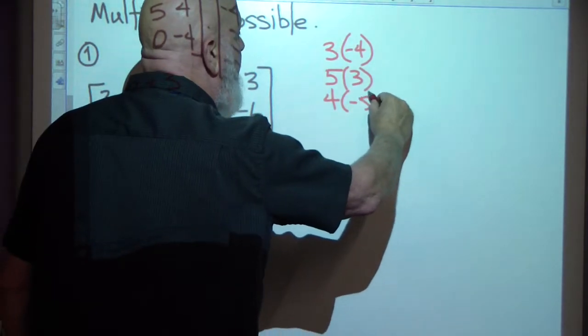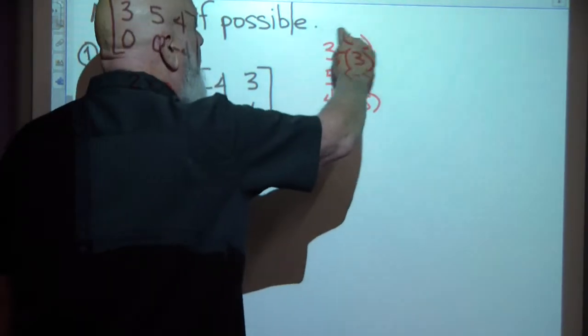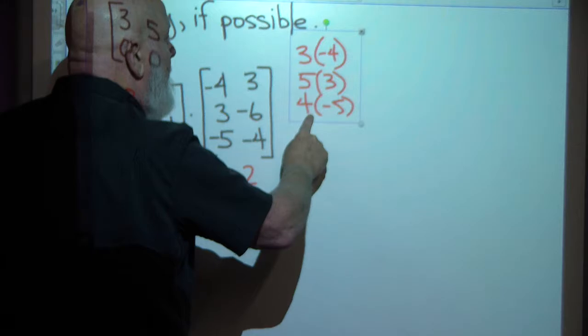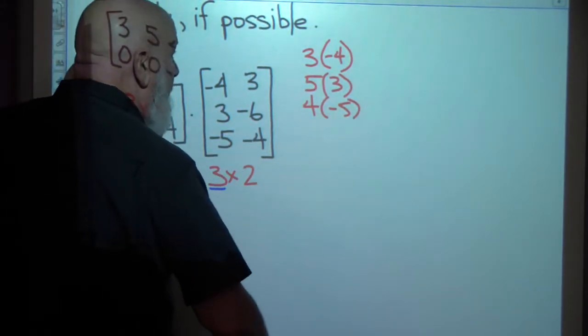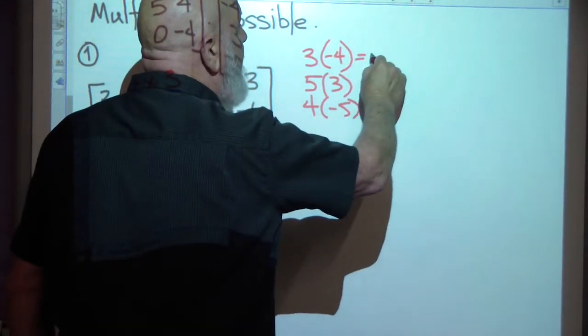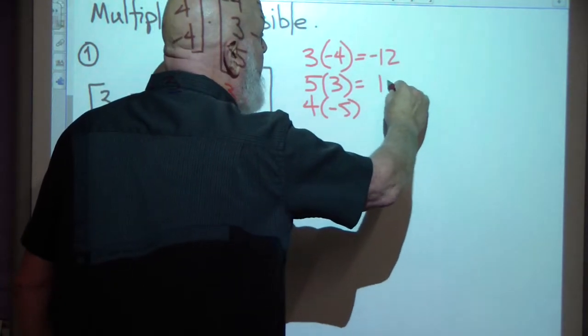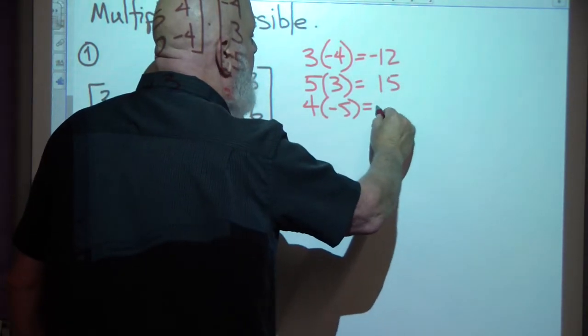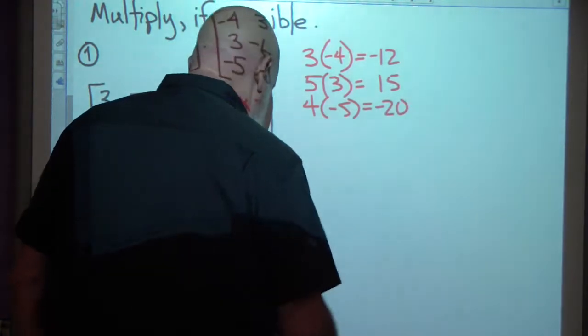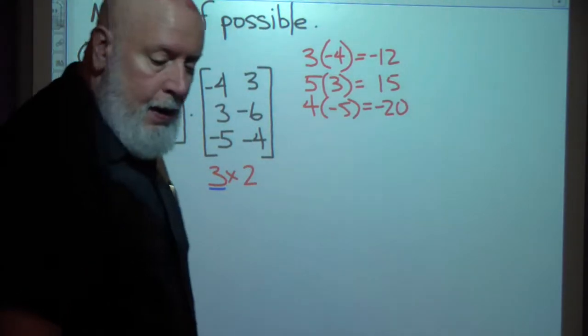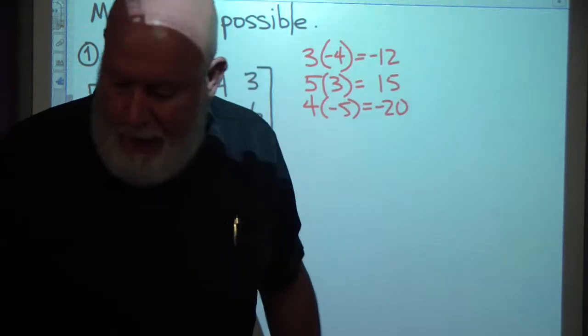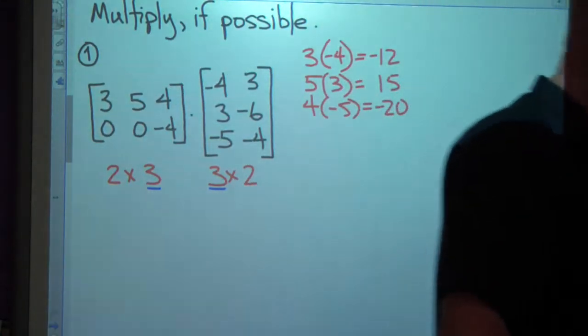And we're going to multiply all these. This will give me negative 12. Hopefully I won't make any arithmetic mistakes. And we add those together.